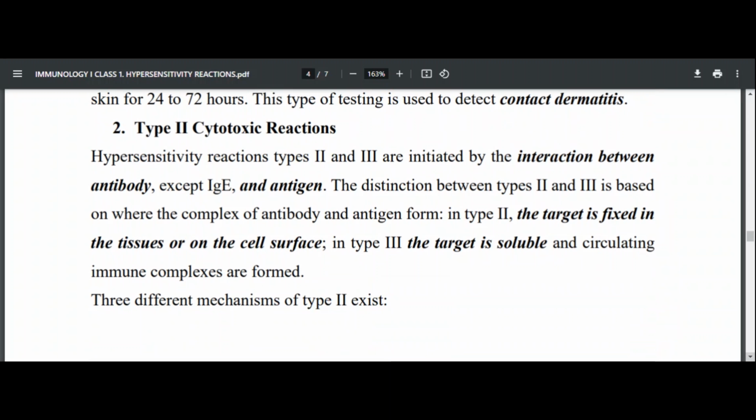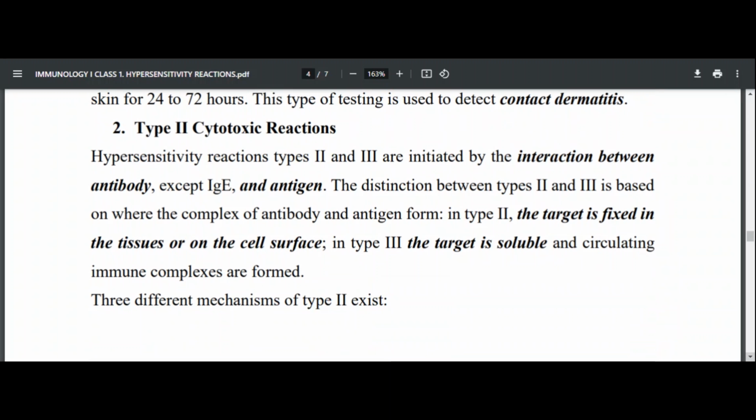In type 2 reaction, the target is fixed in the tissues or on the cell surface, whereas in type 3 hypersensitivity, the antigen is soluble and circulating immune complexes are formed. So to distinguish between type 2 and type 3, it depends on where the target is located.